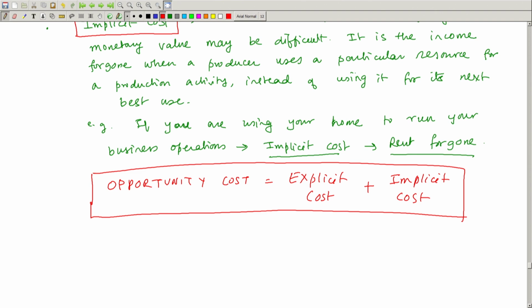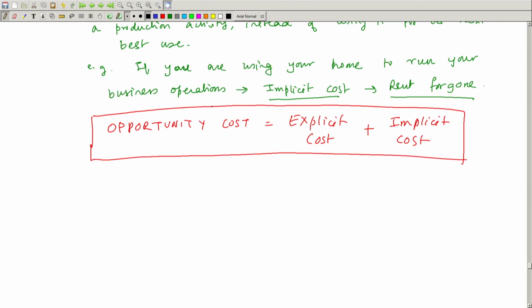So, we'll give a few definitions and then take an example. Let me first define it. I will use OC to denote opportunity cost. So, opportunity cost of your choice is the value of the next best alternative that is foregone.